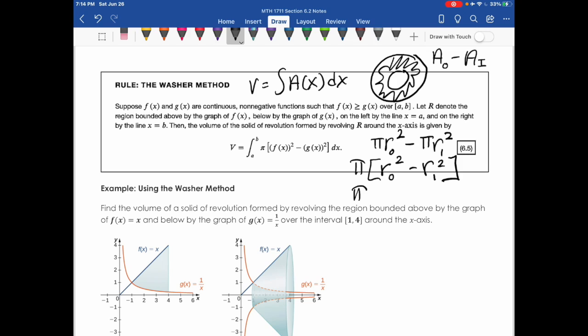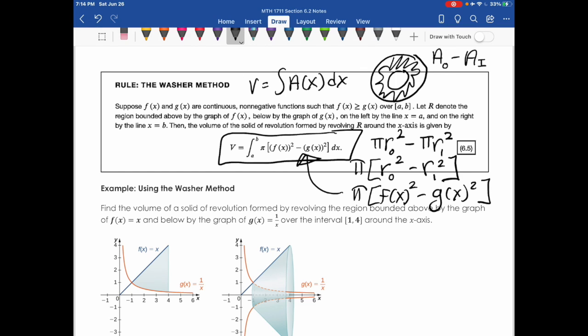When I factor out the pi, I get the radius of the outer circle squared minus the radius of the inner circle squared. Since the radii are represented by functions, that's going to be f of x squared minus g of x squared, if f is the outer function and g is the inner function. And that's exactly what we're doing in this formula here.